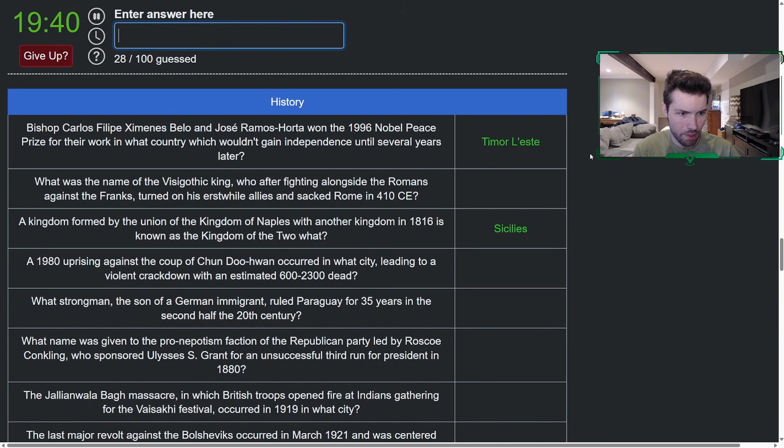A 1980 uprising against the coup of Chun Doo-hwan occurred in what city, leading to a violent crackdown with an estimated 600 to 2,300 dead? First thought here is Hong Kong, but I don't know. Singapore. Trying to figure out what this name is. Beijing. Shanghai.